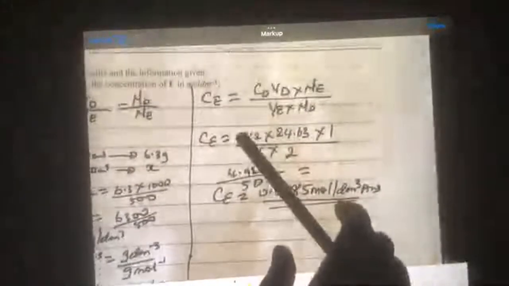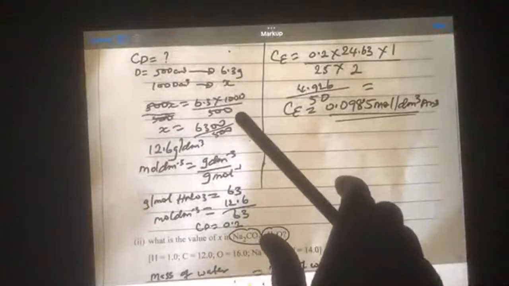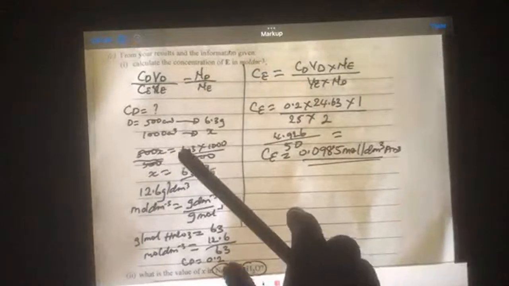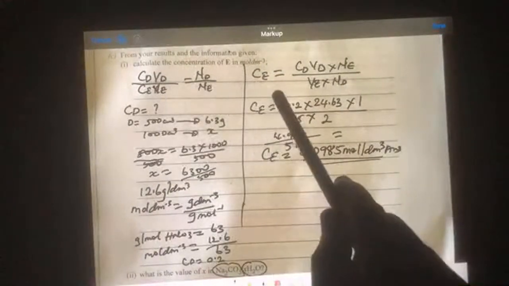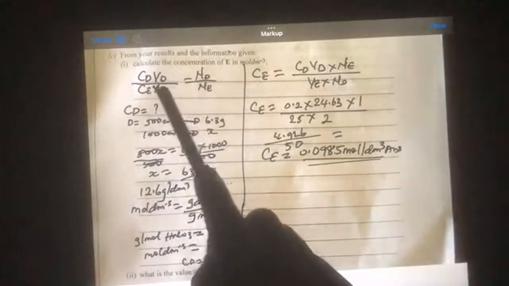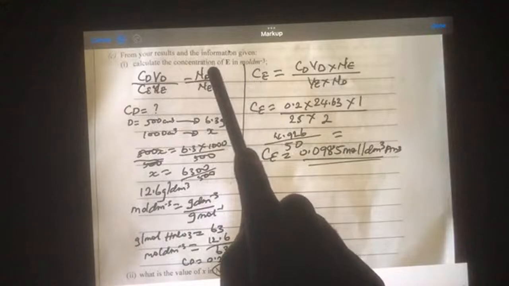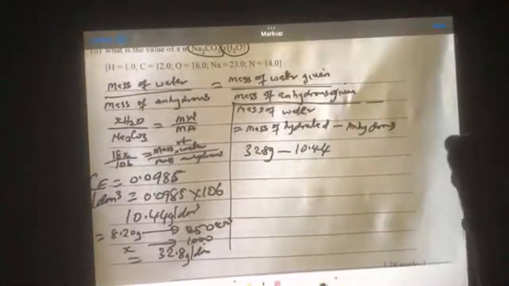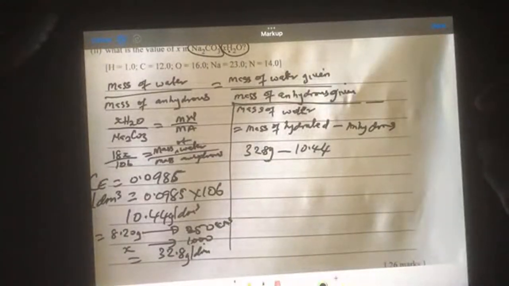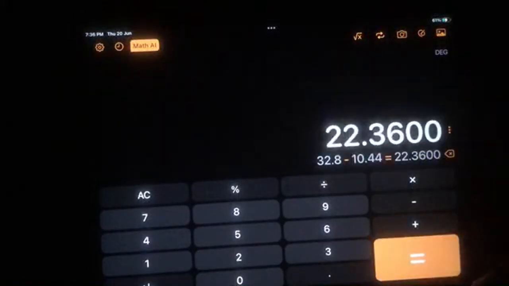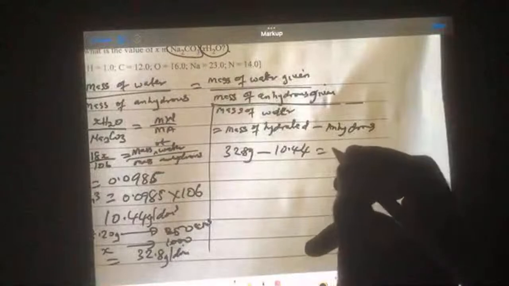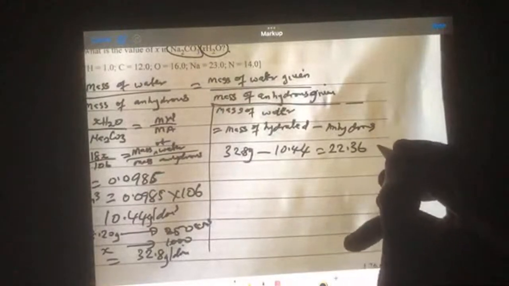Yes, it is very correct. CE is equal to CDVD over ND times VE. Yeah, it's a very correct math. So 32.8 minus 10.44 is giving us 22.36. So mass of water is 22.36 grams.